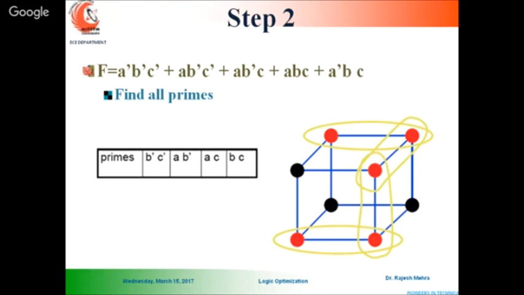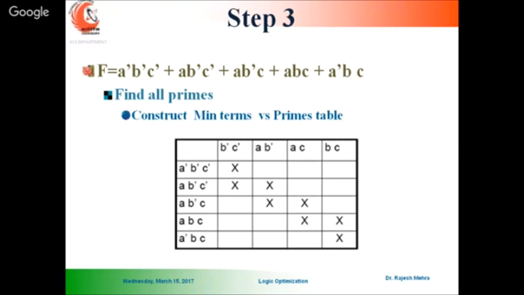After this, you have to remove the redundant pair, which is not required. It means now you are going to reduce one sum term, right? So actually this is the table. You can say that it is the min term versus prime table.